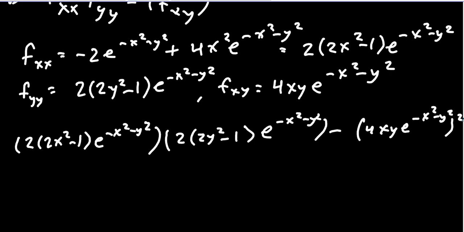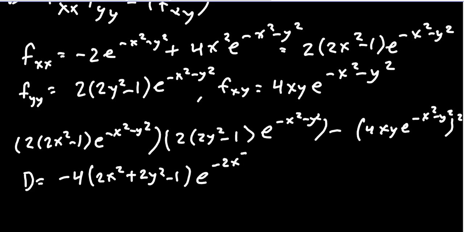So the determinant, in other words, you can simplify this for yourself, but since I don't want to waste too much time and space, I'll just say that the determinant at any point is equal to negative 4 times (2x squared plus 2y squared minus 1) times e raised to the negative 2x squared minus 2y squared. Okay, it's pretty simple to find, but you can do that for yourself.